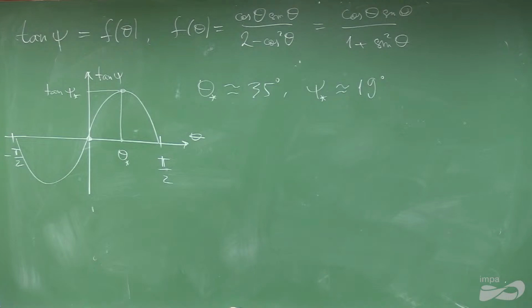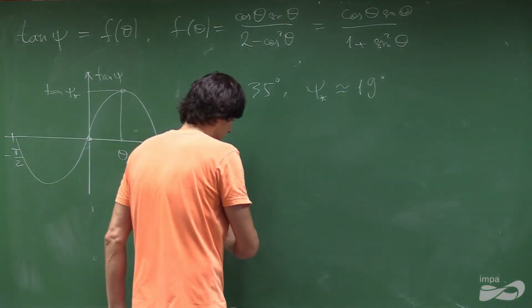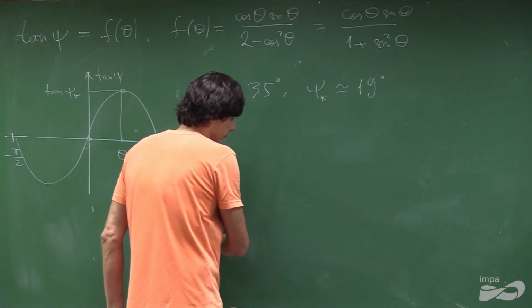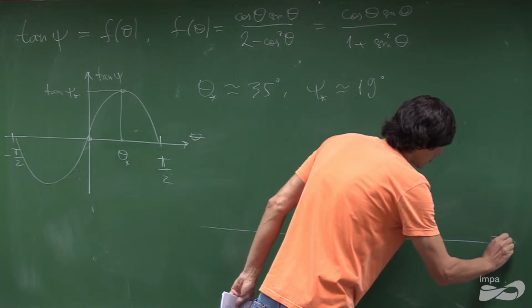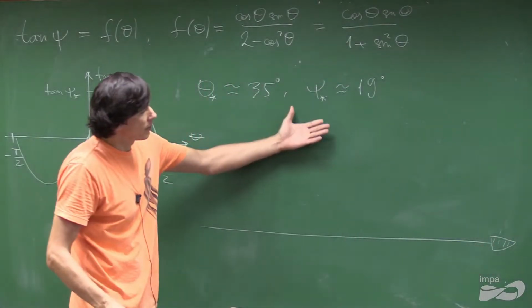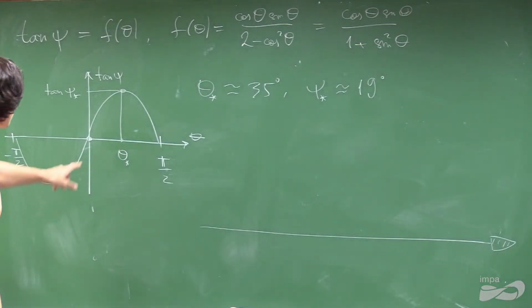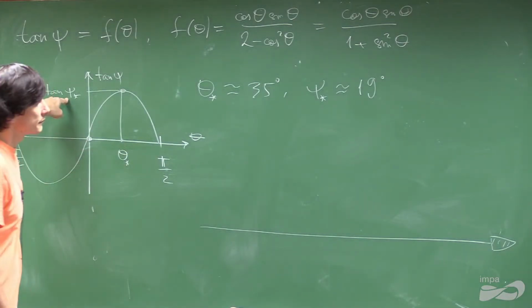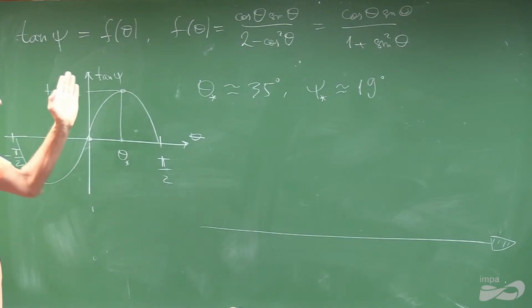Okay, that's it. So now let us go back to the picture. This is our ship. I will only draw the upper part of the waves because the lower part is symmetric. So psi is the angle of our observation.